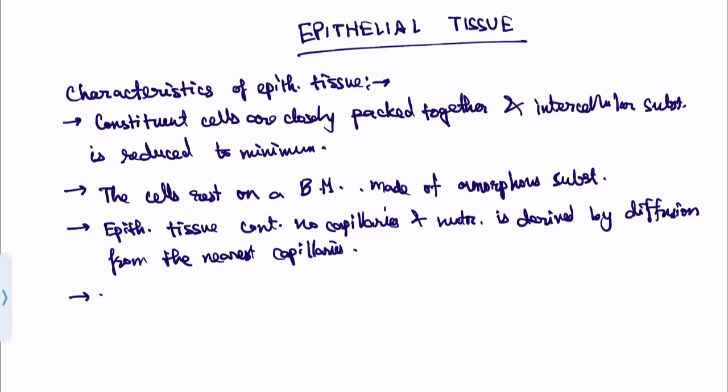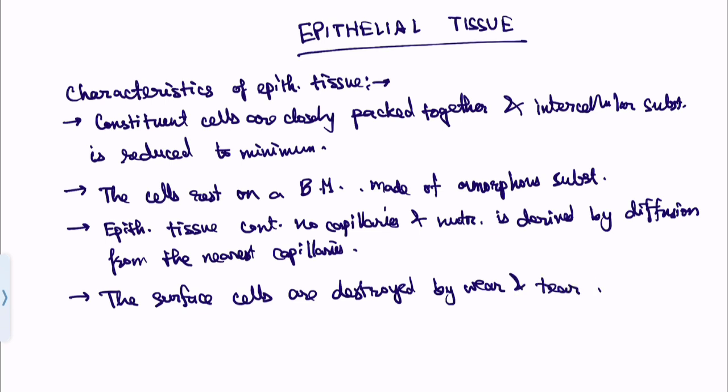Then the surface cells are destroyed by wear and tear and are replaced by new cells. Okay, so these are the main characteristics of epithelial tissue. This may come as a question as a part of short note or anything like that.